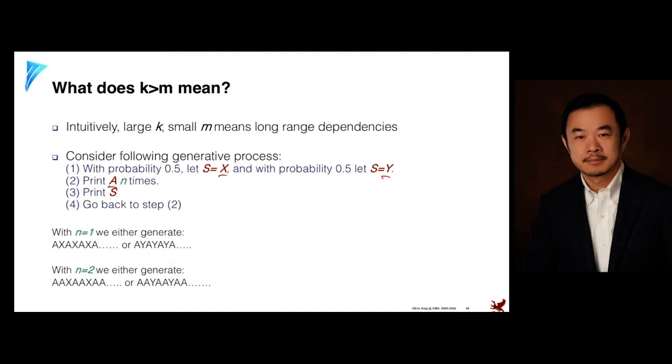The choice of n, of course, is also a hidden state you don't know, therefore it could be anywhere from 1 to n. At the end of the day, you are seeing sequences like this. So in these two sequences, how many observations do you have? Like, what is n?